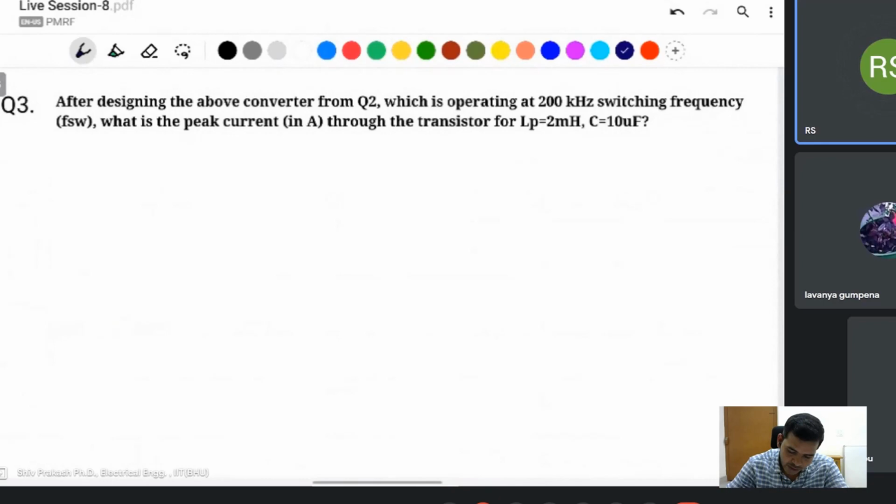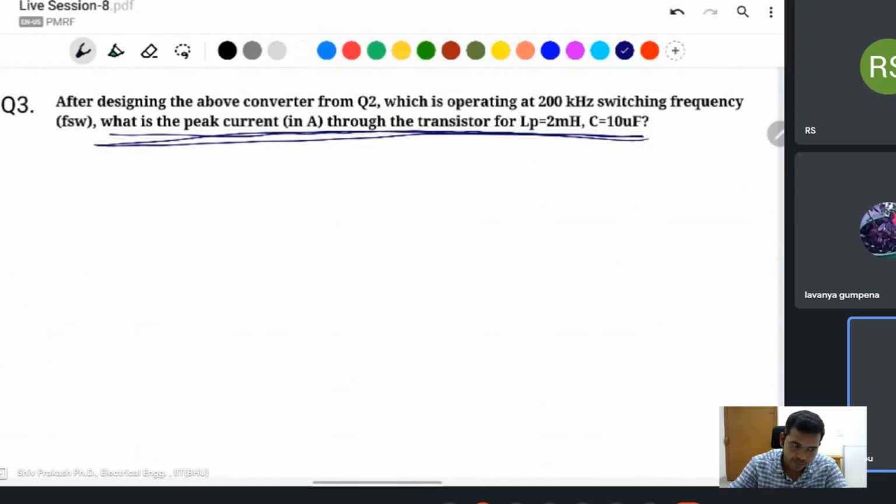Question number 3 is: what is the peak current through the transistor? Peak current means the peak of the primary current. So I1 plus delta IL by 2, the average of this one I1 plus the ripple.